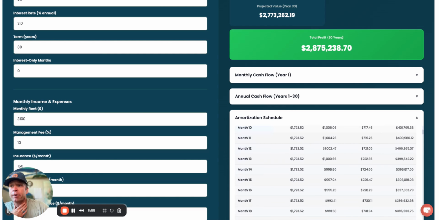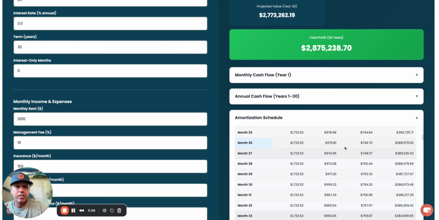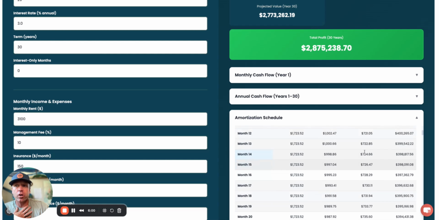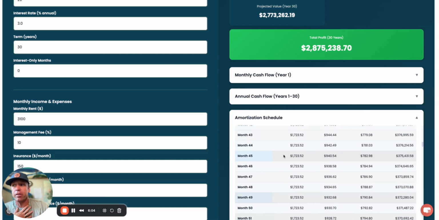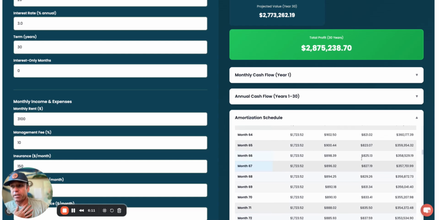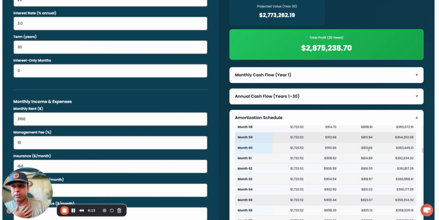And then over time, as you'll see, how amortization works on loans is you start with paying more interest than principal, then over time it shifts. See, now in month 45, you're paying less interest and more principal. Now, after you get to let's say the 5-year mark, it's starting to get pretty close. And that's what's cool about having a really low interest rate and why it's such a valuable asset for people.